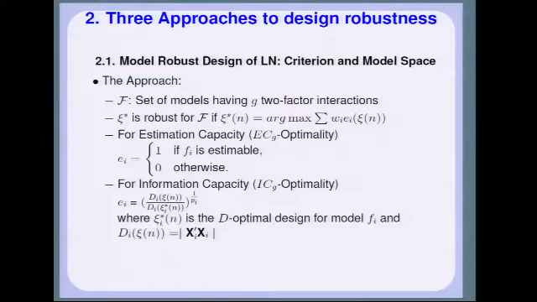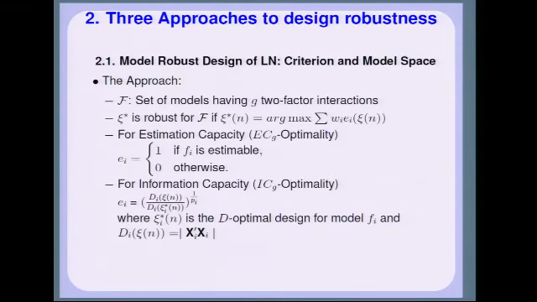First of all, I'm going to introduce the approach of Lee and Nachtsheim. Typically, they have a set of models, and they came up with a criterion which maximizes the weighted average of some sort of efficiency.